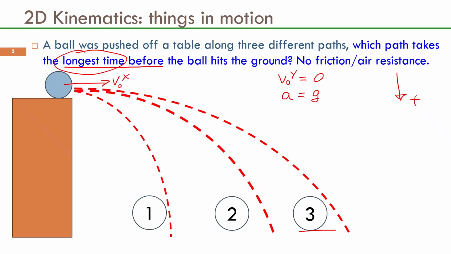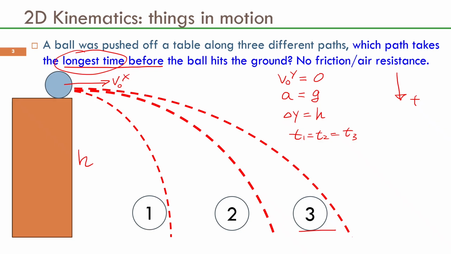And for all 3 paths, they have the same height. Their displacement is h. So for balls 1, 2, 3, they have the same initial velocity, the same acceleration, and the same displacement. Basically, their vertical motions are the same. As a result, their time in the air should be the same. So t1 equals t2 equals t3.